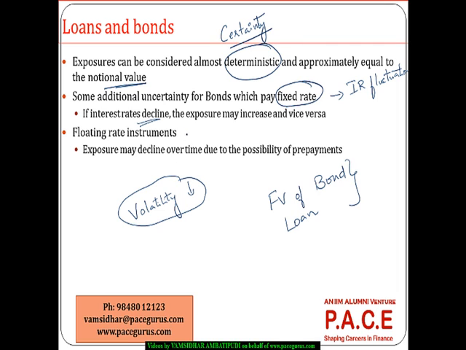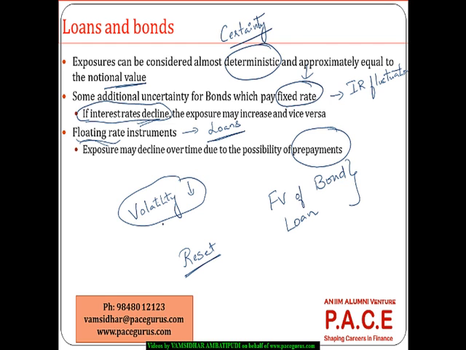Whereas in case of traditional loans, especially more applicable to loans, even though I give it as a floating rate loan, right? If I am giving it as a floating rate loan, even this problem will not occur, because this problem is coming up only because the majority of the bonds pay on a fixed rate basis. But in loans, if I am giving the loan on a floating rate basis, even this kind of exposure problem will not come, because the reset is going to happen at every periodic interval.